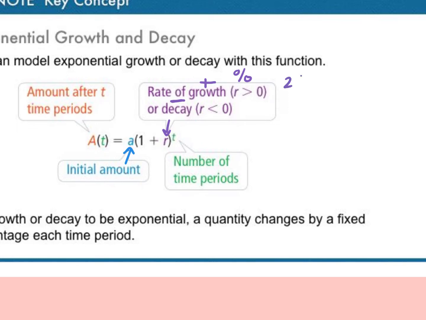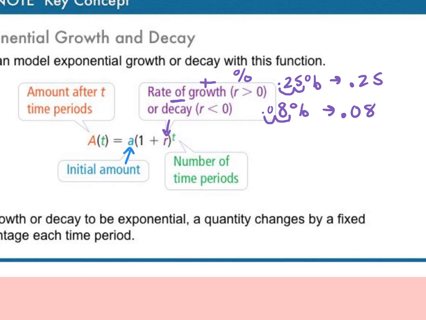The percentage is our rate, but we always have to change the percentage to the decimal version. So if I have 25%, what's the decimal version of 25%? 0.25. We move the decimal 2 times. What if I had, let's say, 8%? What's the decimal version of 8%? 0.08, because remember, you move the decimal 2 times.